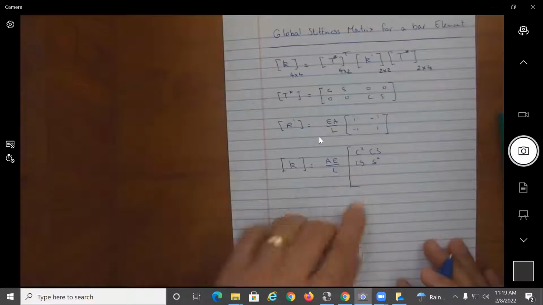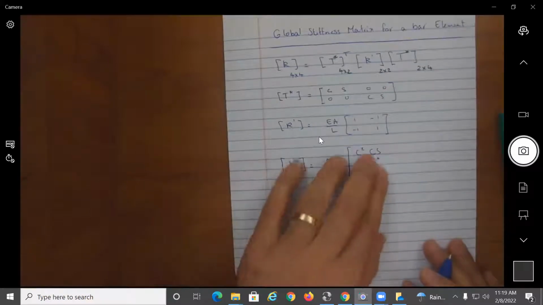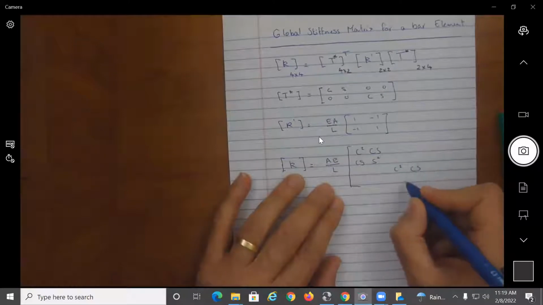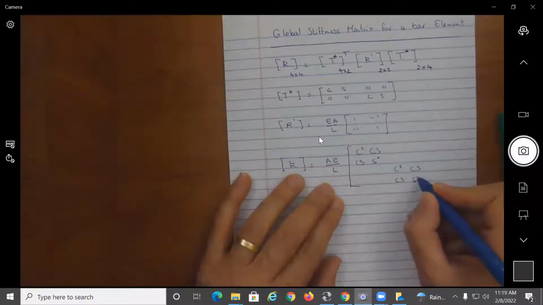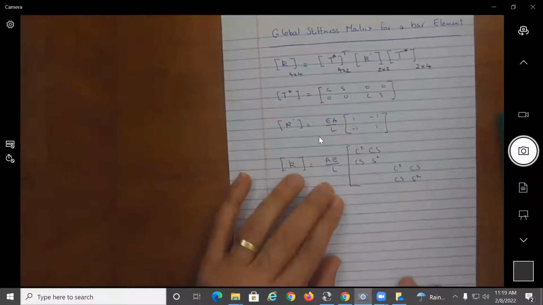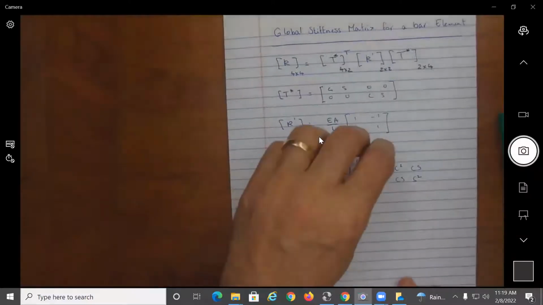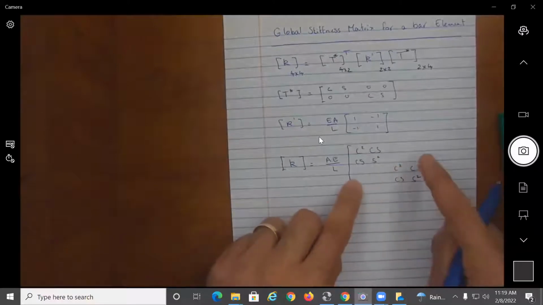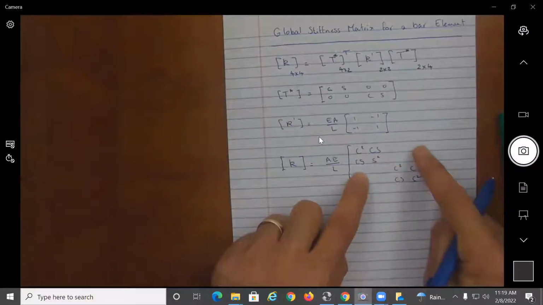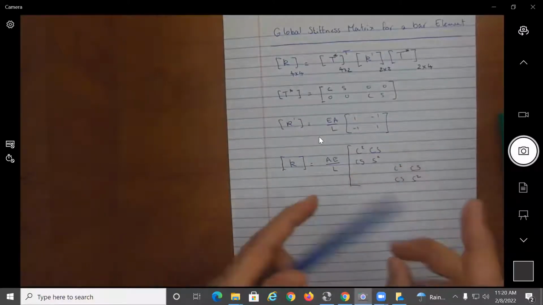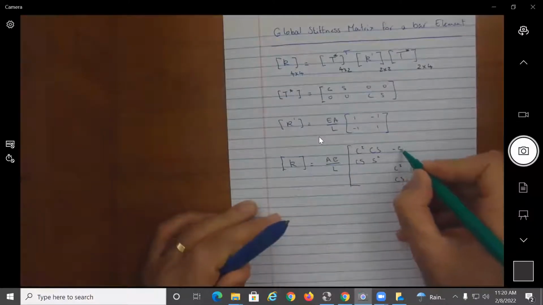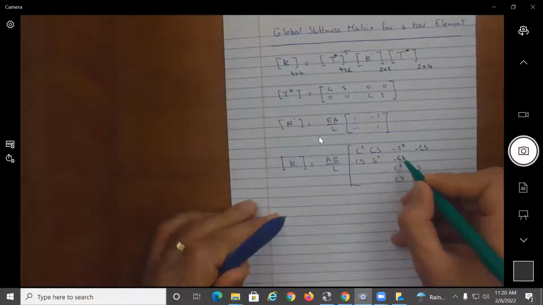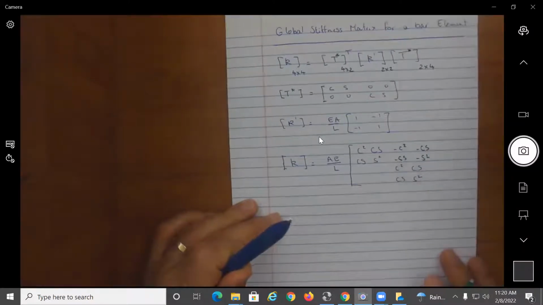And I want to show you an easy way to remember this. This basically would repeat here. So we have it in the first quarter and then the last quarter. And then on the two other sides, we're going to have it with a negative sign. So come here and put minus C squared, minus CS, minus CS, and minus S squared.